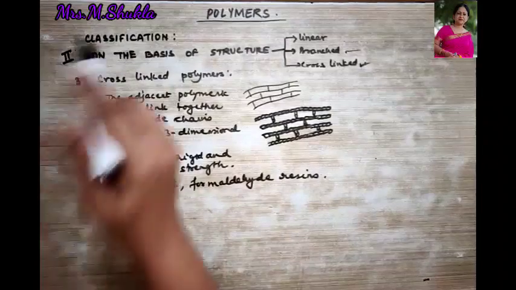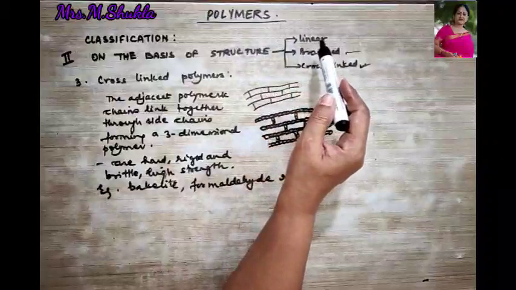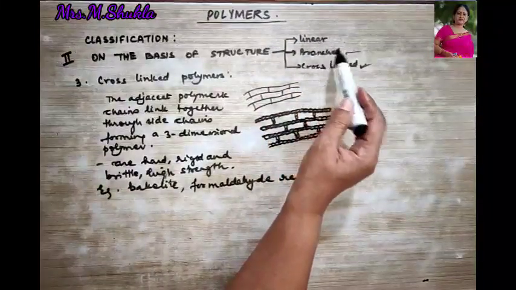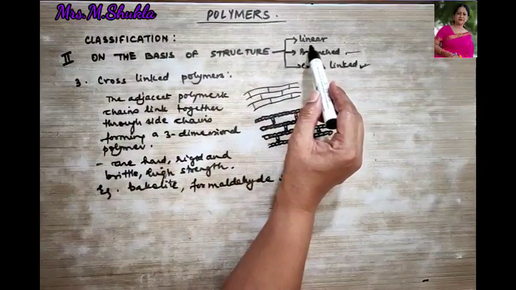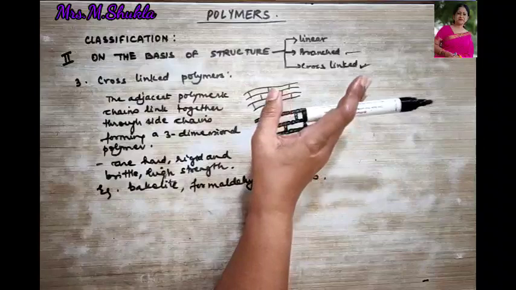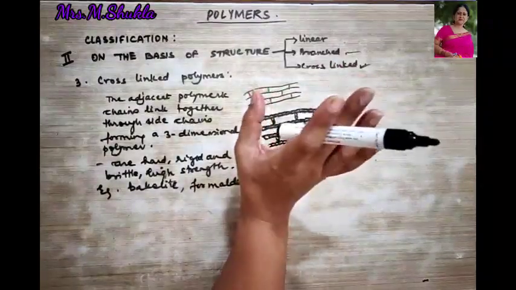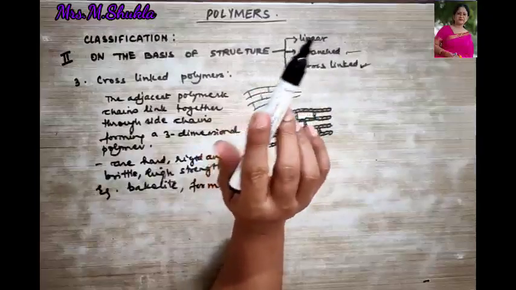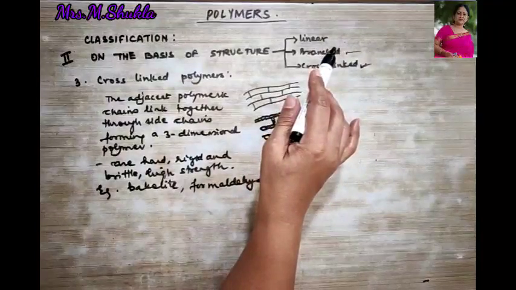Okay, so just now we were doing what? On the basis of structure, we can classify the polymers into how many types? Linear, branched, or cross-linked. So in linear polymer, what did we study? That they form long straight chains, right? And usually they all stack one over the other and they form a well-packed structure. They had high density, high tensile strength and high melting point.